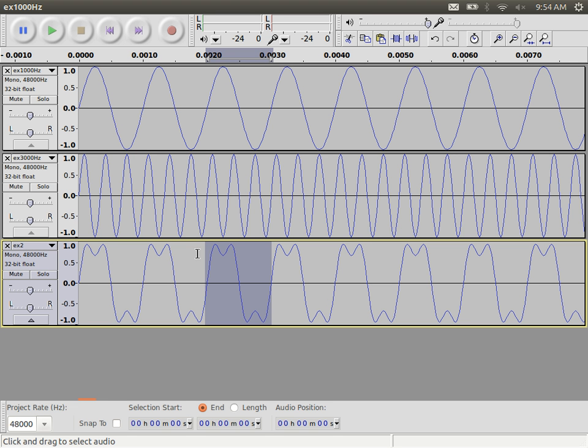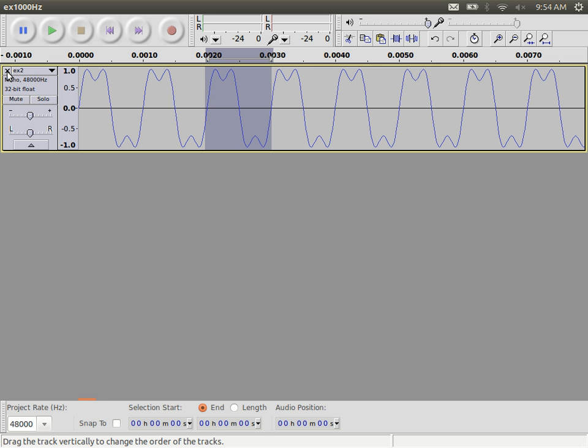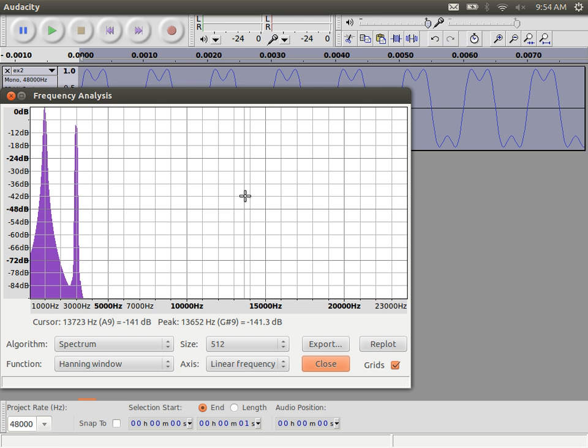I'm going to close the top two and look at the spectrum. Okay, we see our two components. The way that the analysis is done, it's not perfect, it's not an impulse, but it highlights the frequency components.